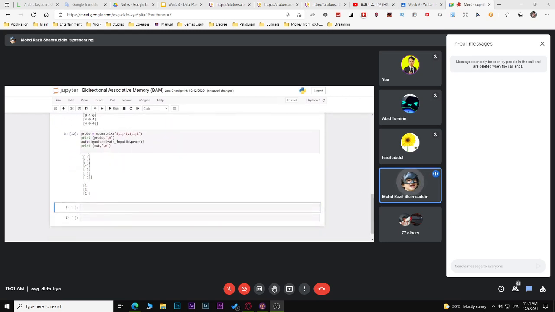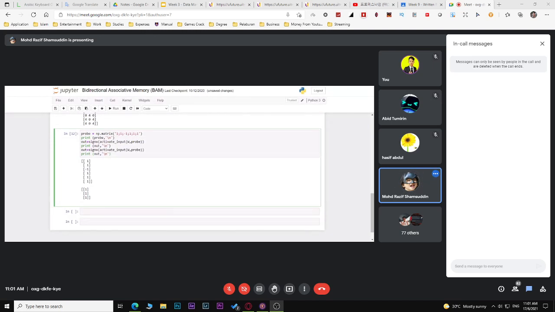So ini adalah input menghasilkan output kan. Okay, lepas tu output menjadi input, activate output.